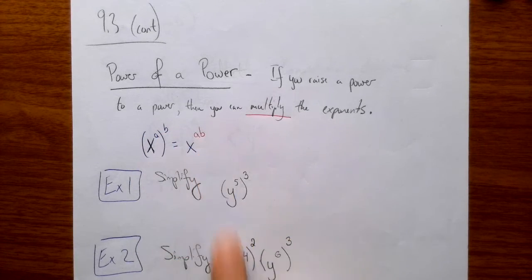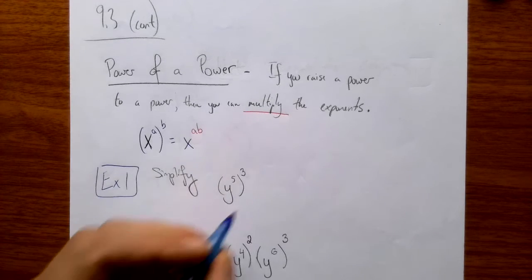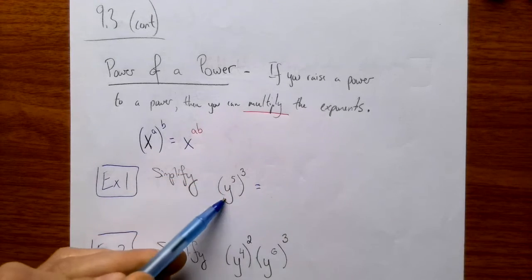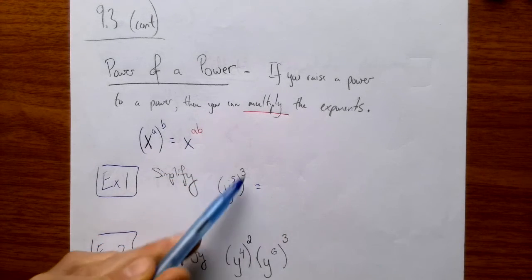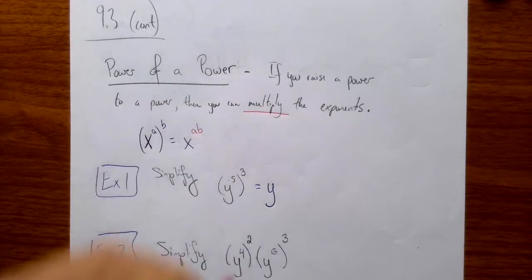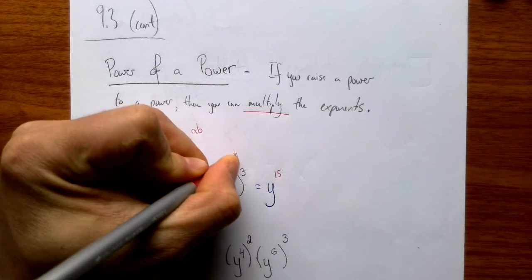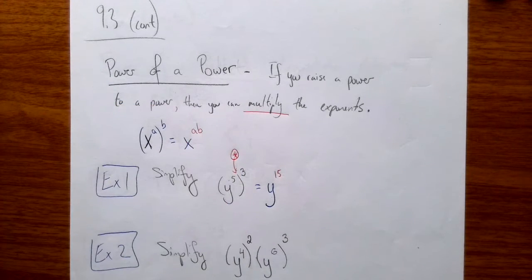As you can see, we're just multiplying the exponents together. On the first example for this property, we have y to the 5th being raised to the power of 3. And since that is a power to a power, we are going to multiply those two exponents and get y to the 15th.